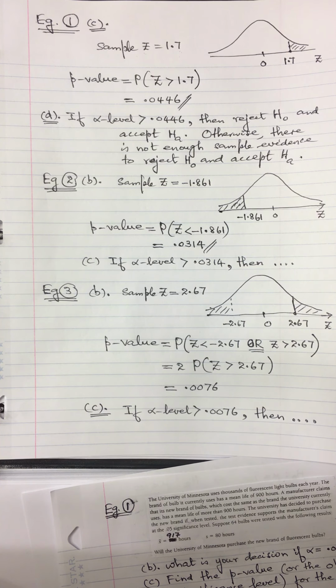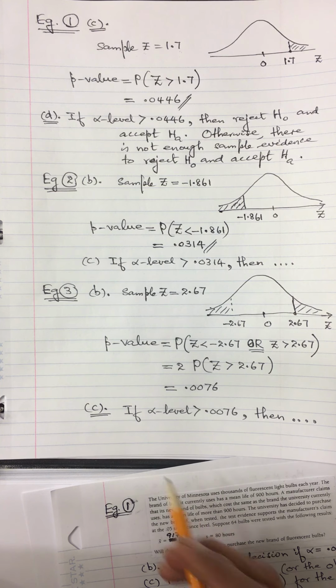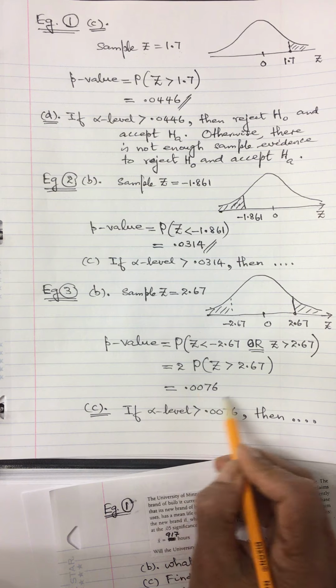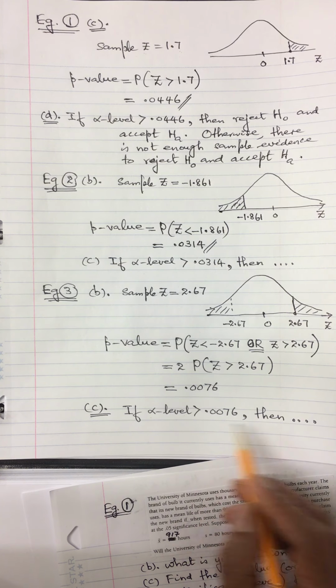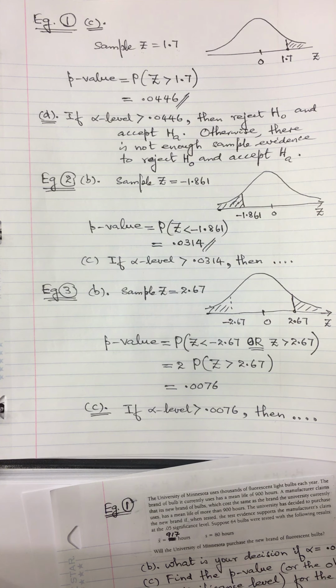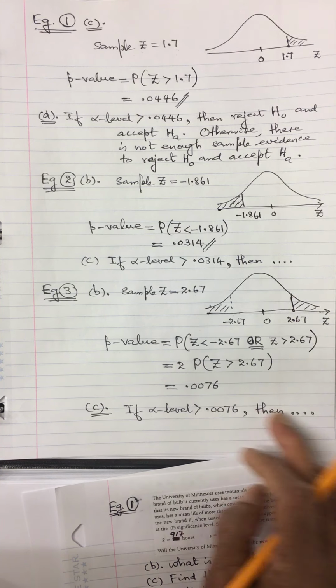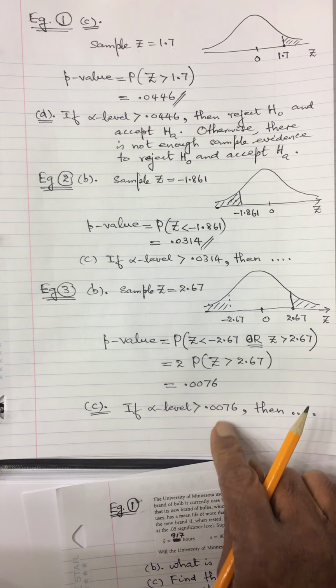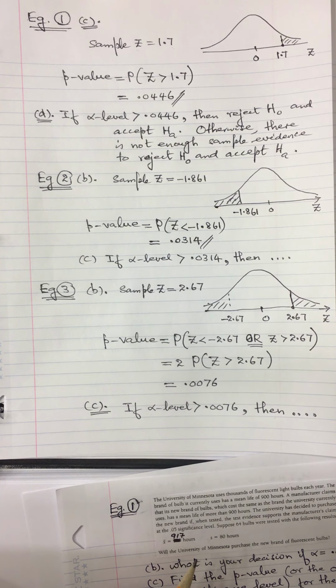As far as part C, how you make the decision is exactly the same. If the alpha level is bigger than this value, which is the p-value, then you reject the null hypothesis and accept the alternative. Otherwise, there's not enough evidence to reject H naught. In other words, if the alpha level is bigger than that, the machine is out of control.